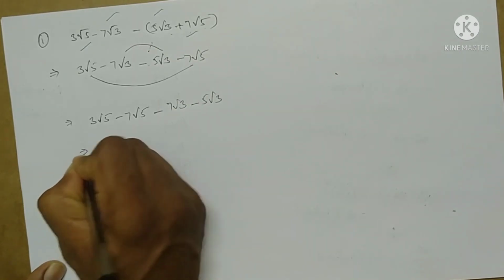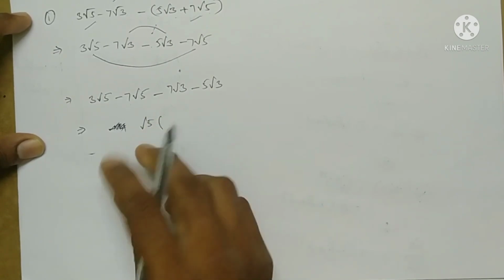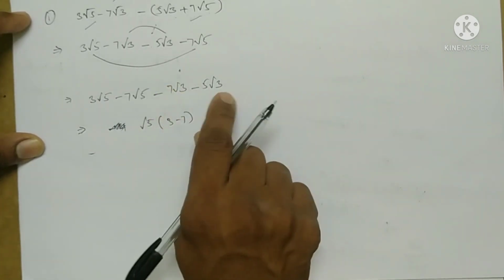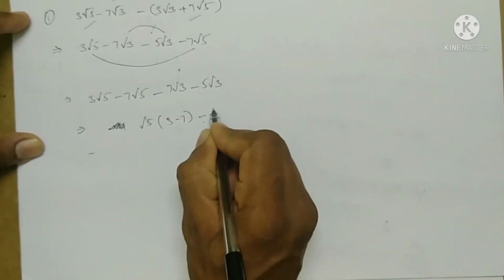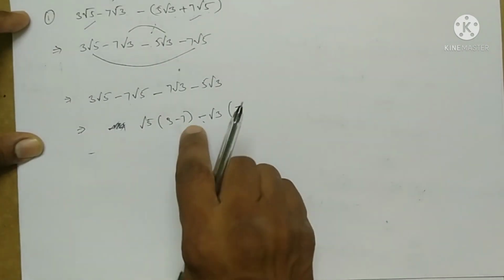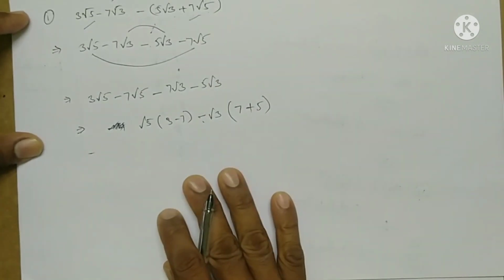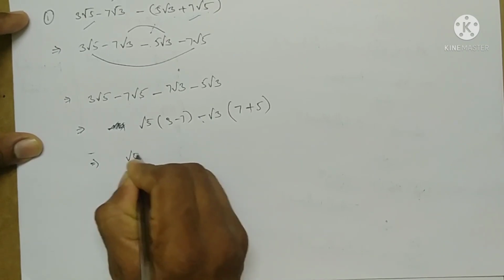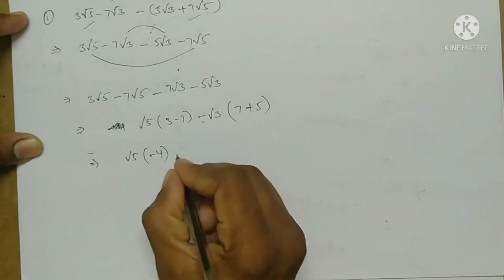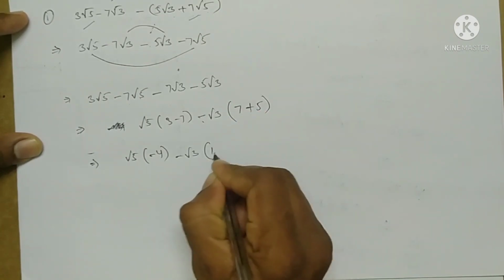In both of these terms root 5 is common, here 3 minus 7. In these terms root 3 is common, minus root 3 is common, minus into minus is plus, here 7 plus 5. So that is equal to root 5 into 3 minus 7, which is minus 4, and minus root 3 into 7 plus 5, which is 12.